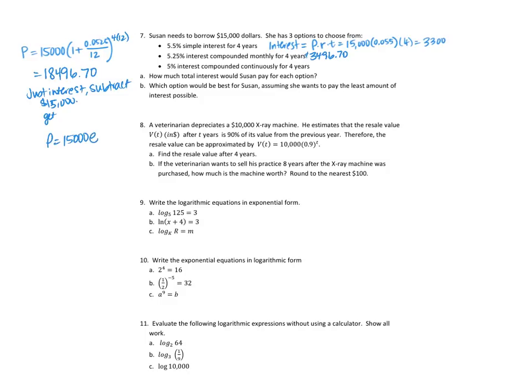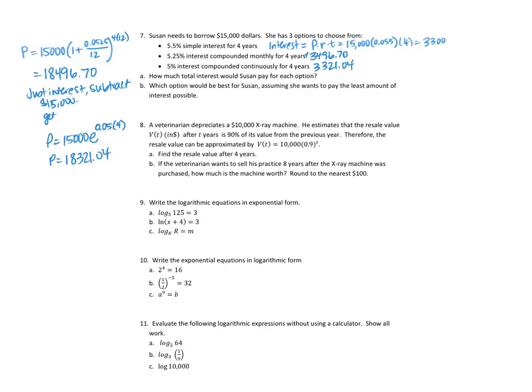15,000. E to the rate is 0.05 and T is 4. So if I plug that into my calculator, I get P is equal to 18321.04. So if I just want the interest, I'm going to subtract 15,000. So I get 3,321.04.